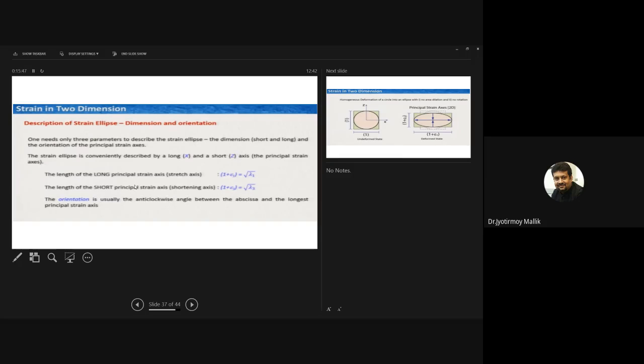You can show that the length of the long principal axis would be nothing but 1 plus epsilon 1, and the length of the short axis will be 1 plus epsilon 3. Okay, so what do I mean by that?